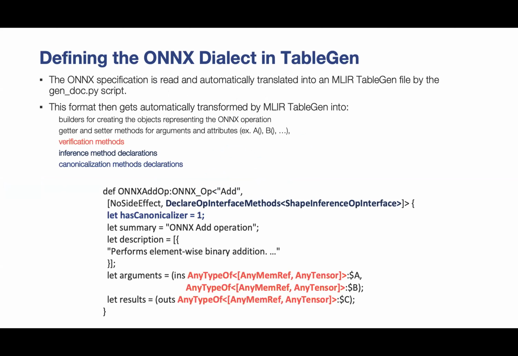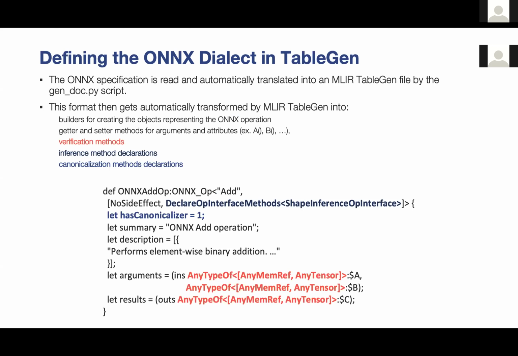So basically what we do is automatically transform the operators.md input into this type of representation, where each operation has its own definition, its own input and output types specified, and several other attributes and traits, like, for example, that it supports shape inference, or it has no side effects.